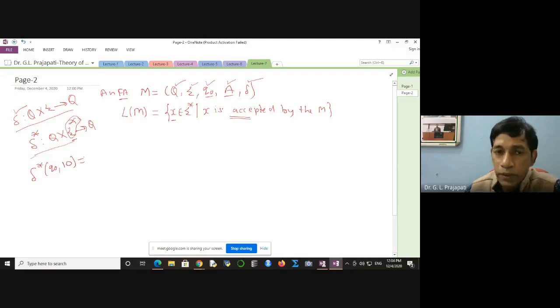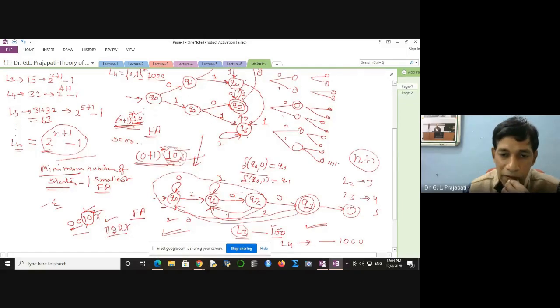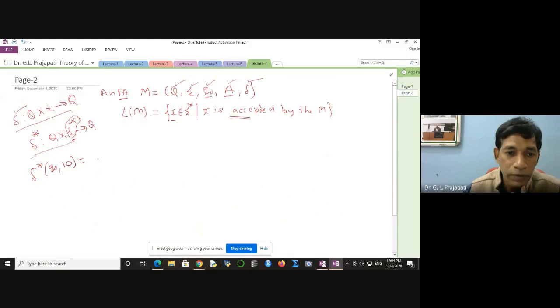In the last example we have seen that whenever you have 10, we end up with the state q2, and q2 was the final state. So similarly, the output of this will be q2, and q2 belongs to the final states.